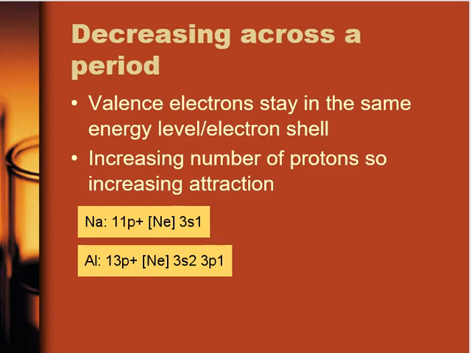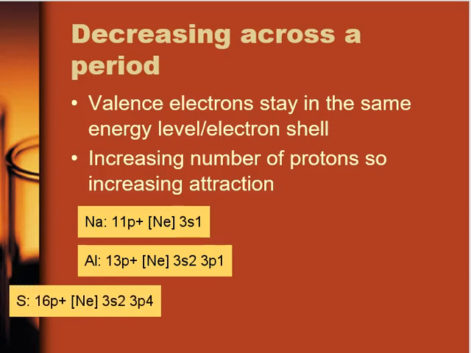And we can see that if we go even further across the periodic table. So if we jump over and think of sulfur, sulfur has 16 protons. Its electron configuration also starts with neon, 3s2, 3p4.